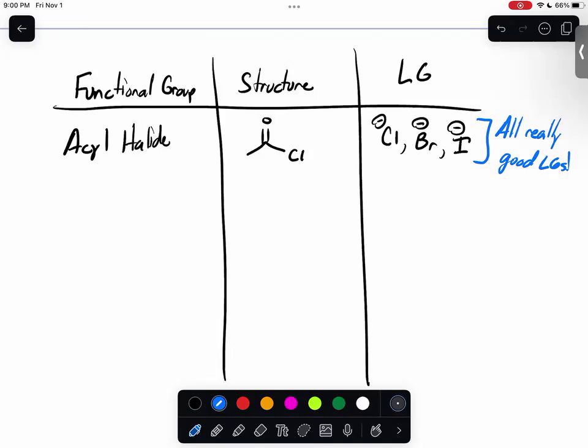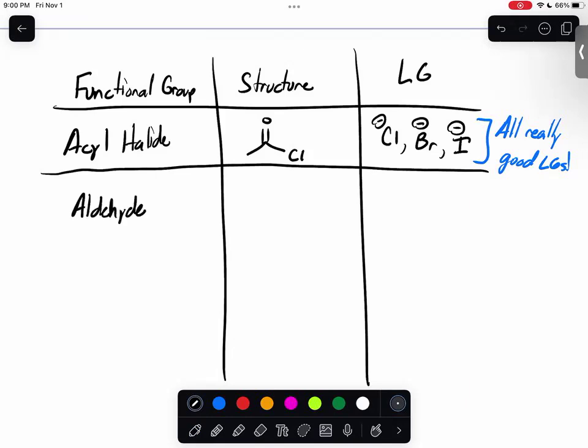The next thing we can think about is, if we were to look through the functional group worksheet for some other carbon-oxygen double bond containing functional groups that are carbonyls, one of them that we'd find is an aldehyde. That group over there is a hydrogen. So if we were to think about what the leaving group would be, it would be H minus.